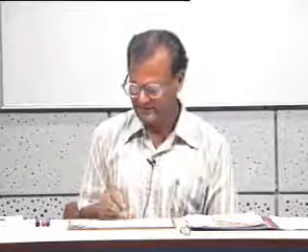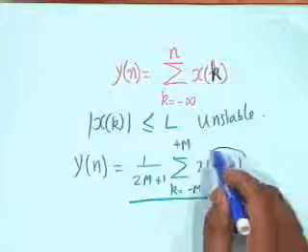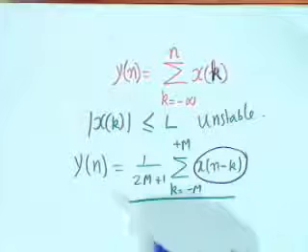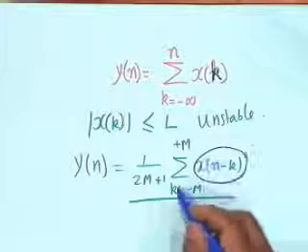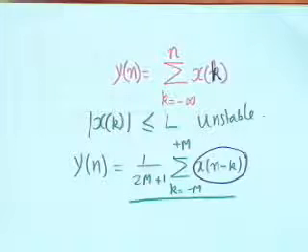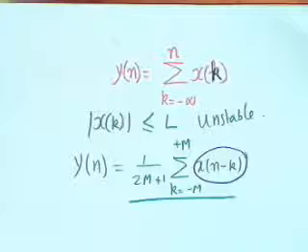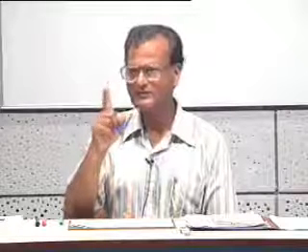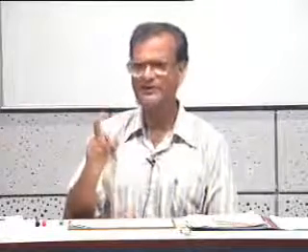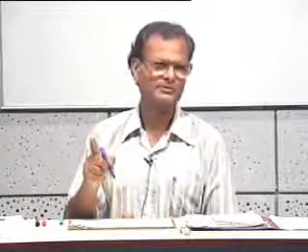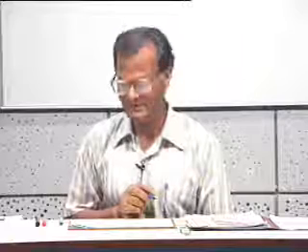All right. Now, is this system unstable? Suppose I bind x of n minus k to a magnitude less than or equal to L. Then you see y of n, if all samples are exactly equal to L, then y of n becomes simply equal to L, and it can never grow in an unbounded fashion.